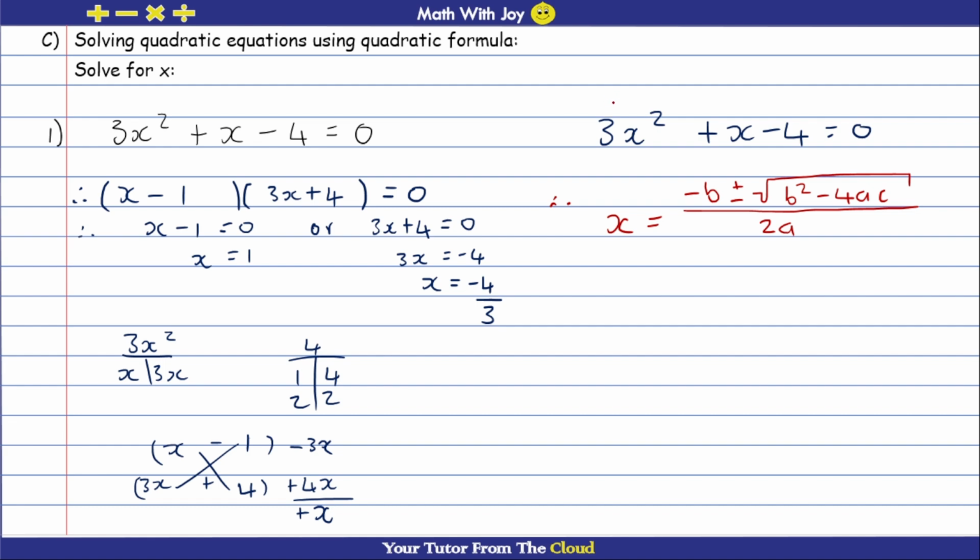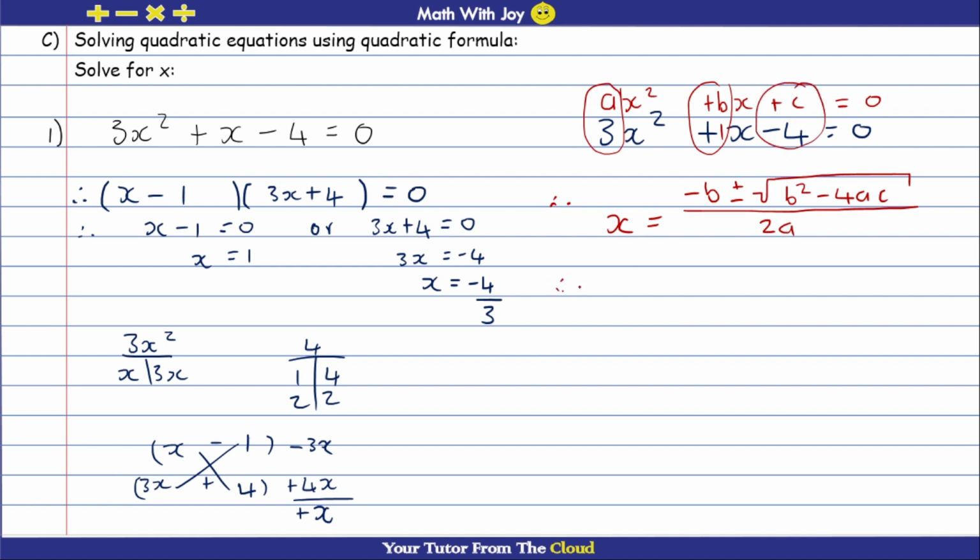The standard form goes ax squared plus bx plus c equals 0. So the a is the 3, the b is the invisible 1 there, and the c value is the minus 4.